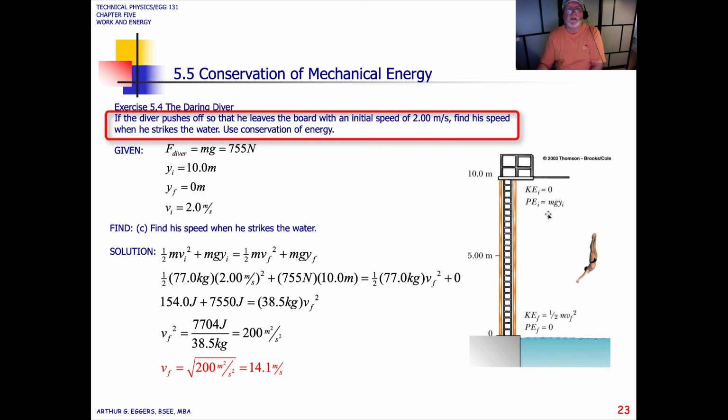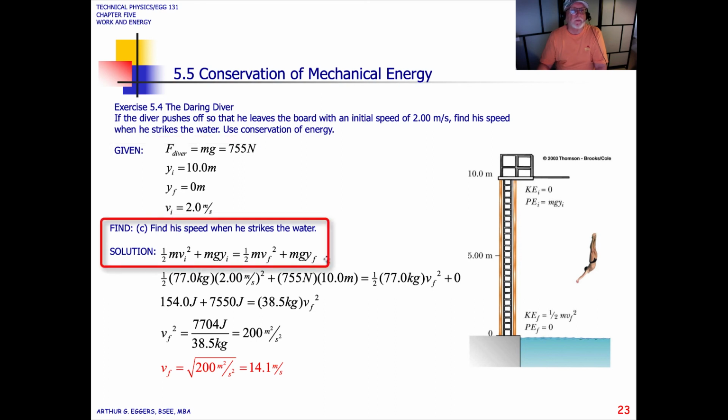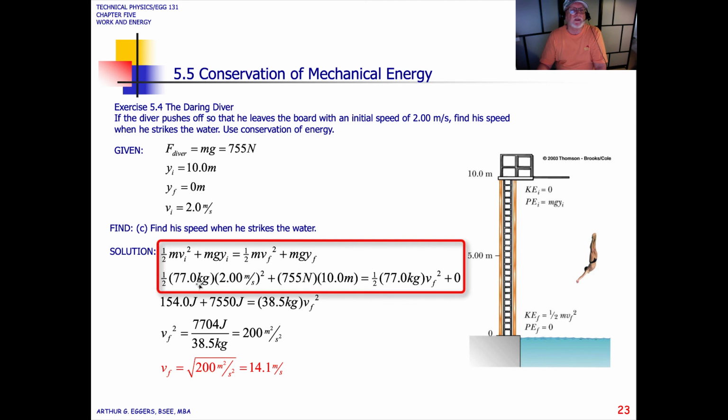Okay, so no losses. Again, we run through the same thing, but now our initial velocity is not 0, it's 2 meters per second. Set up the problem the same way. Put in your values: 77 kilograms, 2 meters per second squared.